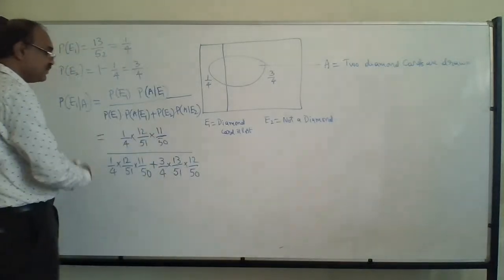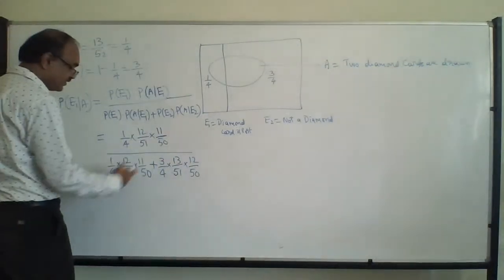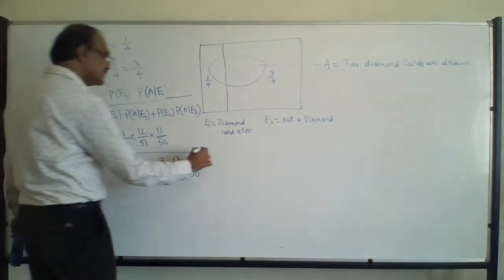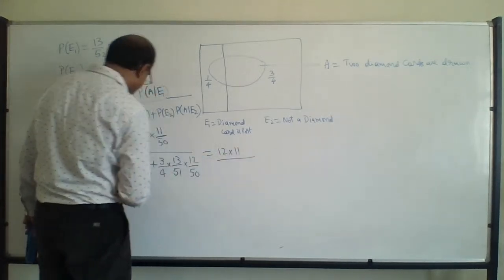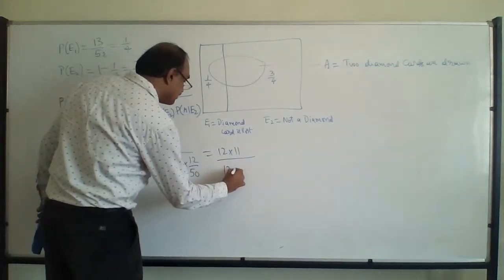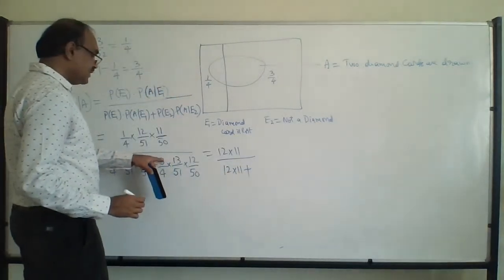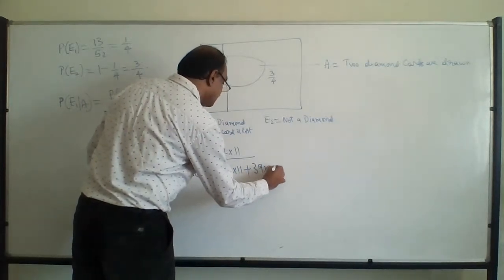So, this is the thing. If you simplify this, you'll get the answer. You see here, 4, 51, 50. 4, 51, 50. So, it gets cancelled. What is remaining is 12 into 11 divided by 12 into 11 plus 3 into 13, 39 into 12.